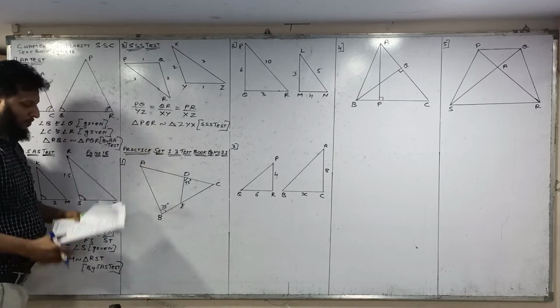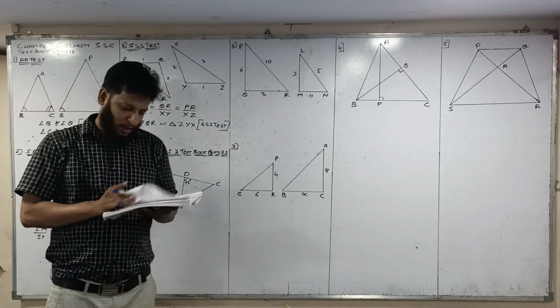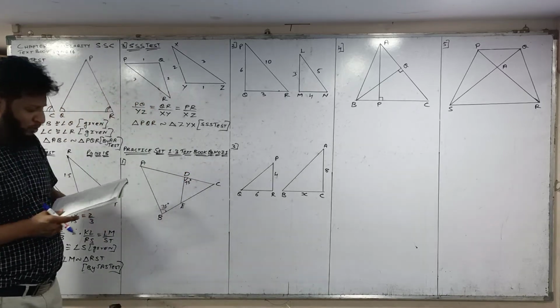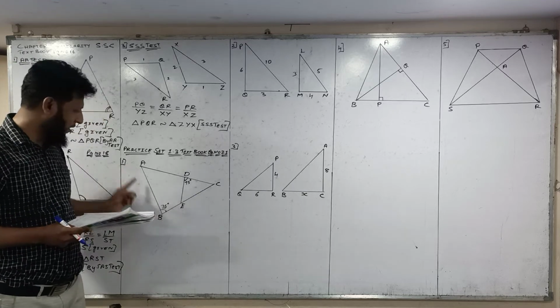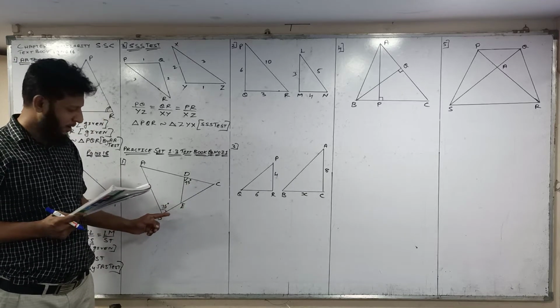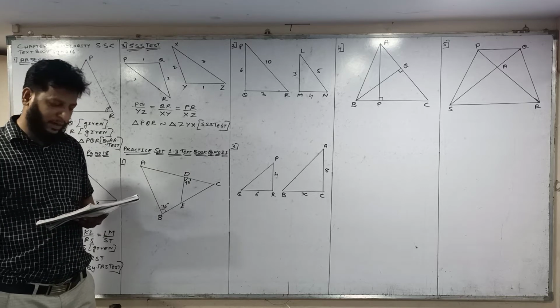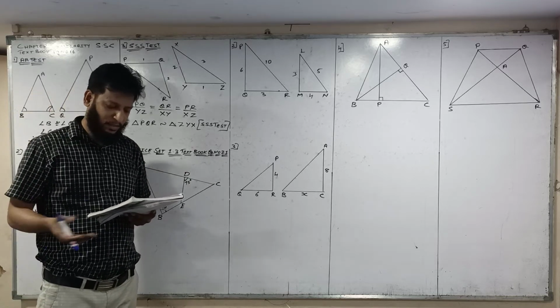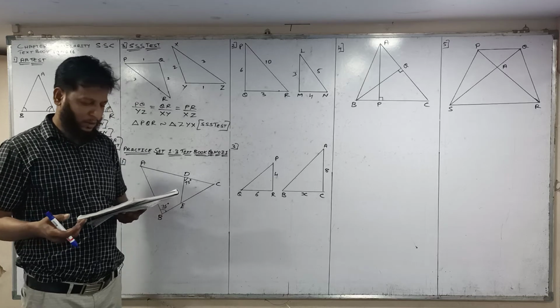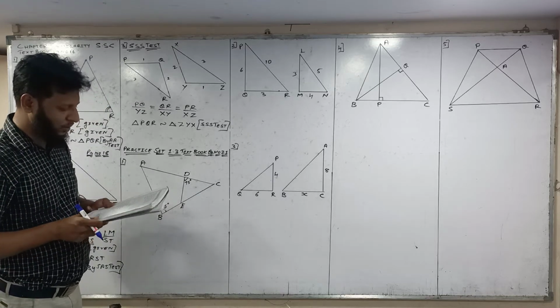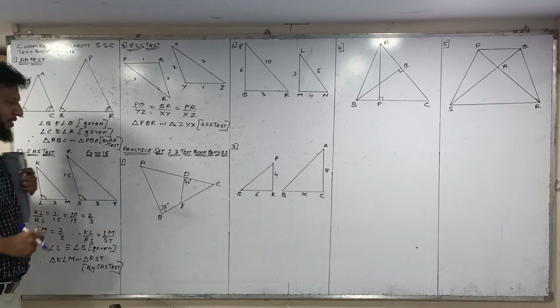So we have done these three tests. Come to page number 21. First sum: angle ABC is 75 degrees, EDC is also 75 degrees. You have to find two triangles which are similar, write the test, and also write the similarity of these two triangles by a proper one-to-one correspondence.